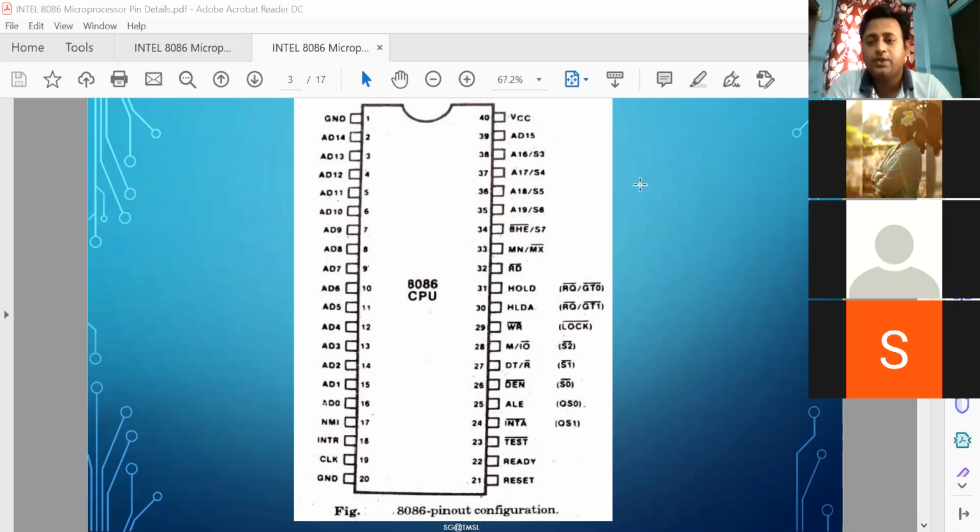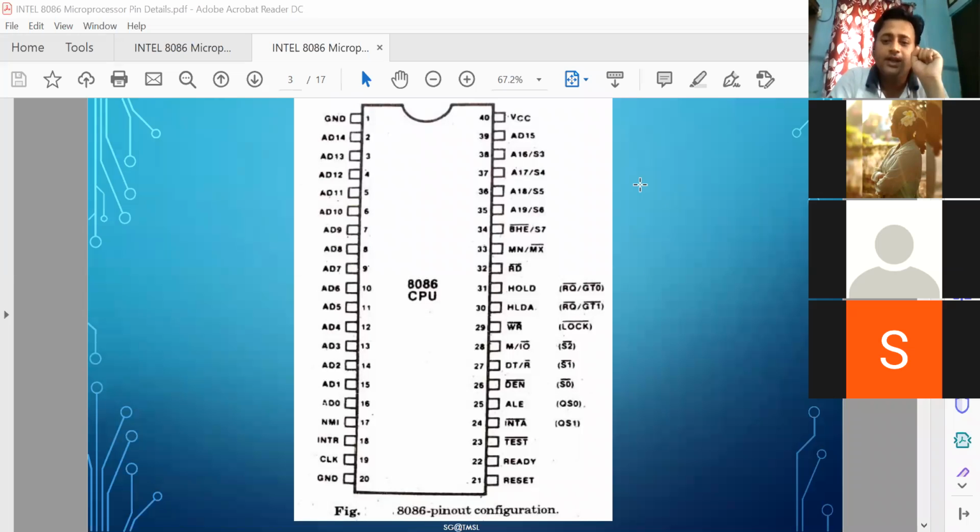Another question: can you repeat the RQ/GT part? RQ/GT bar, these two pins are available for DMA purpose. There are two processors, so one has to give permission to another if any signal is coming from the external side to perform the DMA operation. That's why request and grant operation is there.